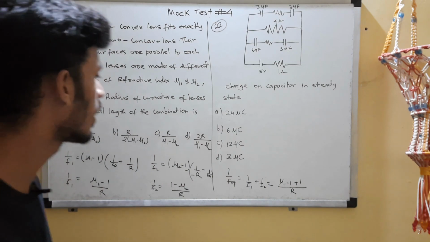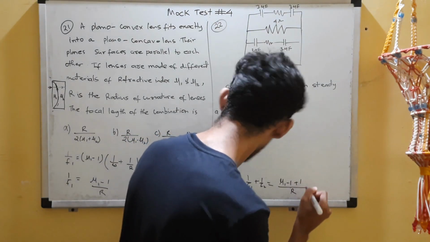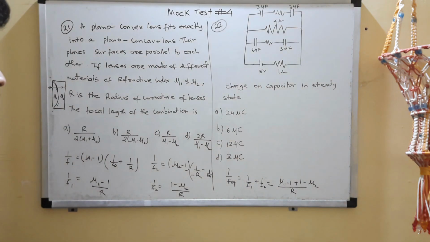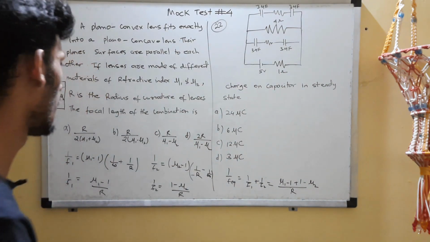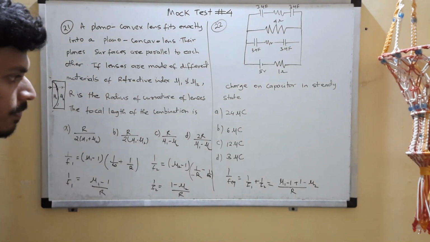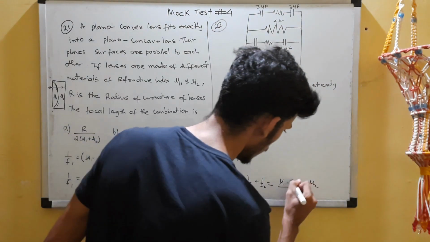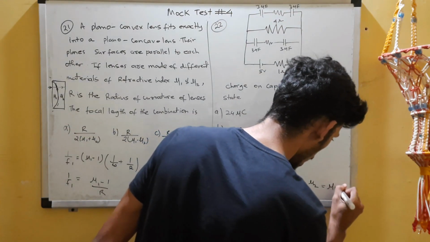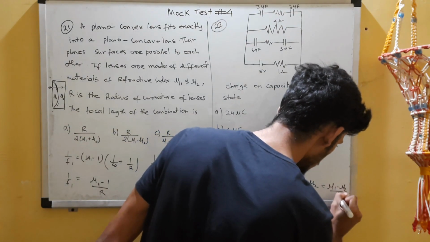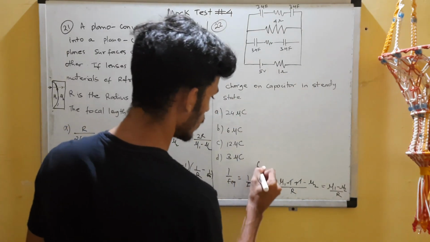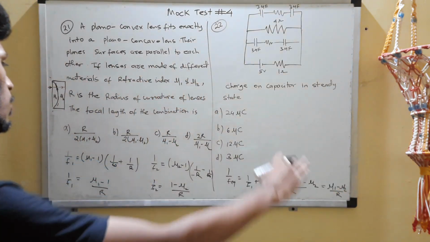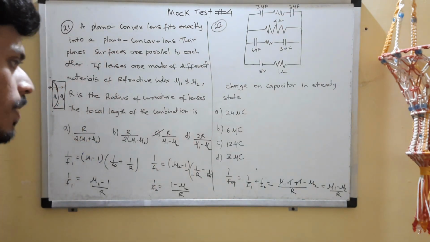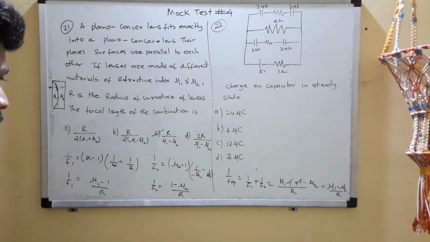Is everything correct? I hope so. So this is minus mu2. If you solve this, the minus 1 and plus 1 cancel, and we get mu1 minus mu2 upon r. This is the reciprocal of the equivalent focal length. So the equivalent focal length is the reciprocal of that, which is r divided by mu1 minus mu2. Yes, that's correct.